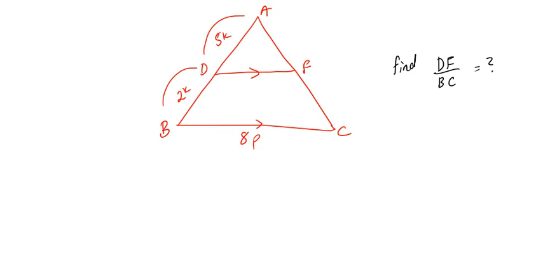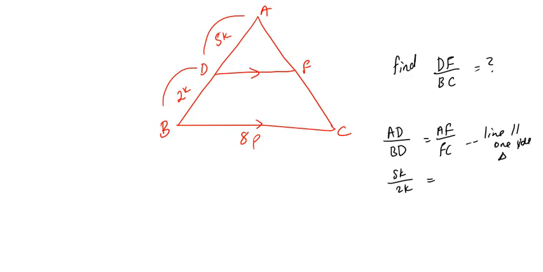You just have a pair of parallel lines. However, the proportionality theorem does work. So you can use the proportionality theorem and say AD over BD is going to be equal to AF over FC. Then you say line parallel to one side of a triangle. Now AD is 5k, BD is 2k.